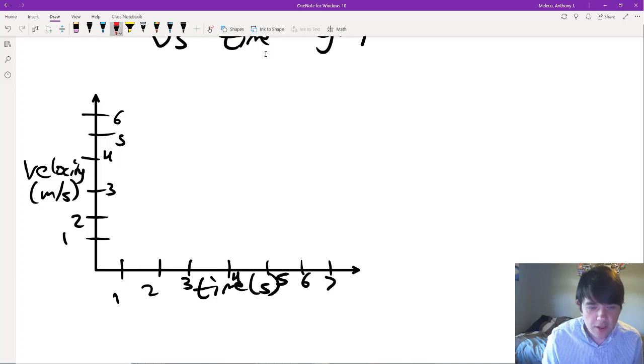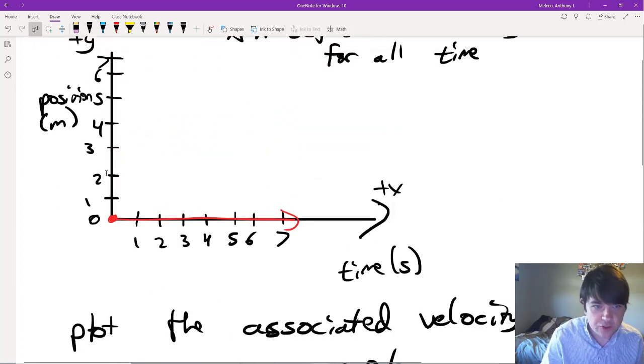We want to plot the velocity versus time graph from the position versus time.